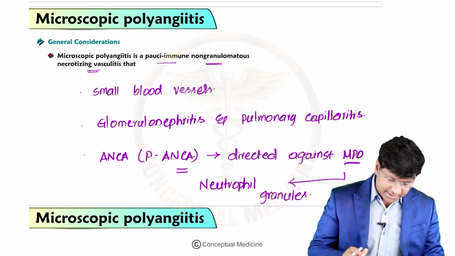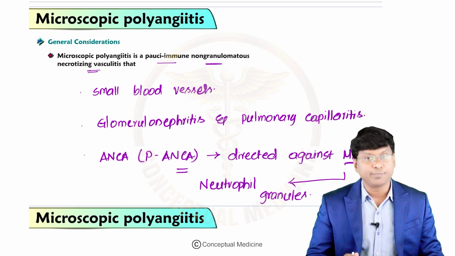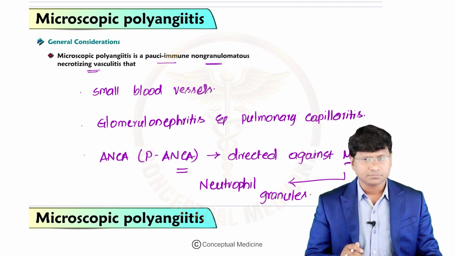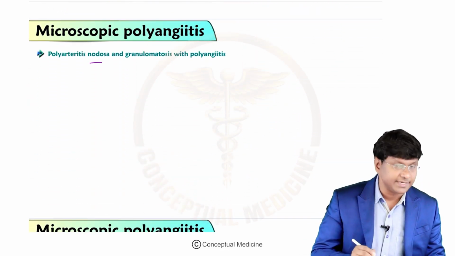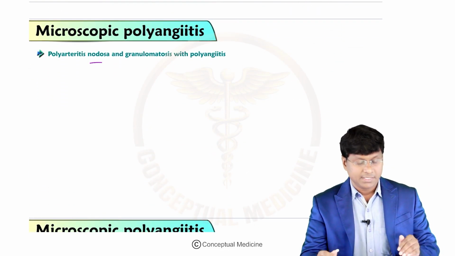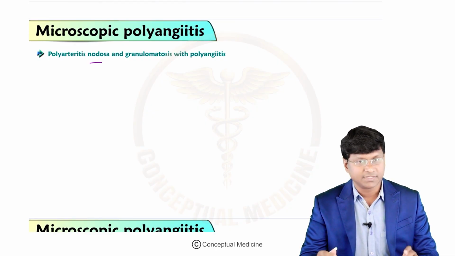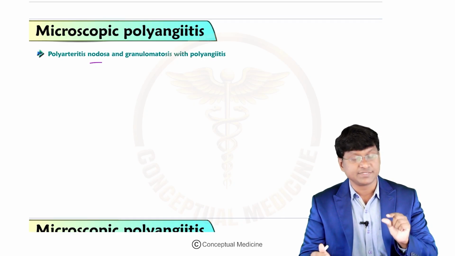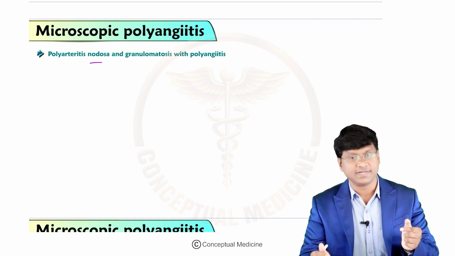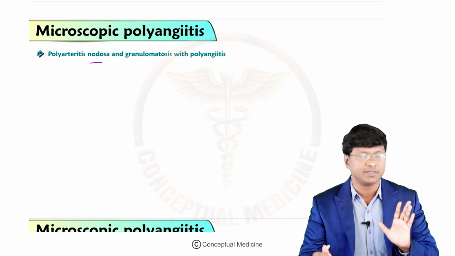And let us compare microscopic polyangiitis with polyarteritis nodosa and granulomatosis with polyangiitis. Microscopic polyangiitis may involve the medium vessels as well as the small vessels, but predominantly, as I have said, small blood vessels.